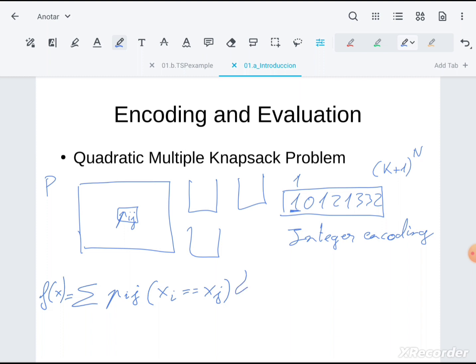And they should be larger than 0. Well, something like this. But also you have to satisfy that for every knapsack, the sum of the weights of the knapsack must be less than or equal to the capacity of the knapsack.